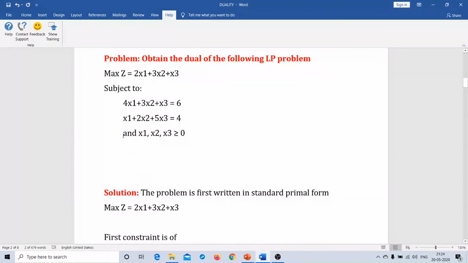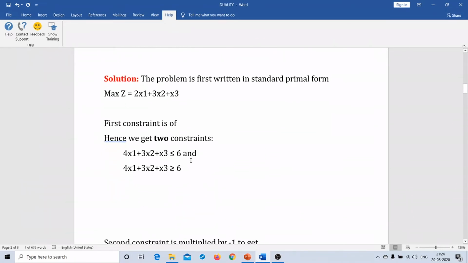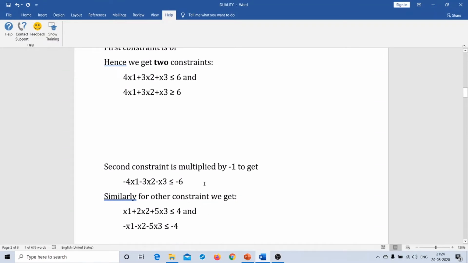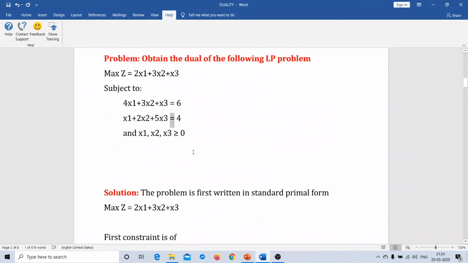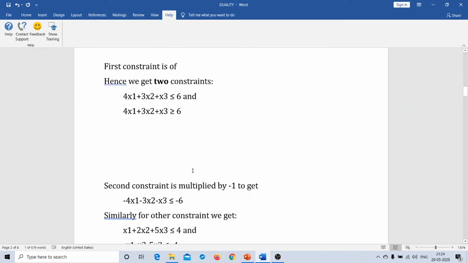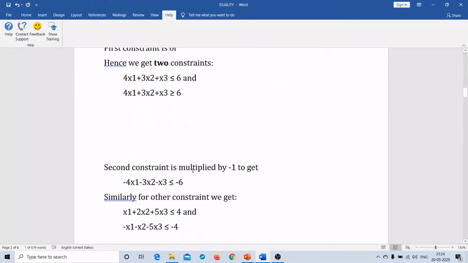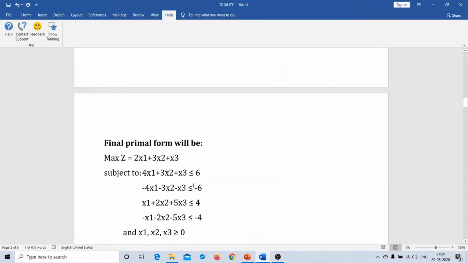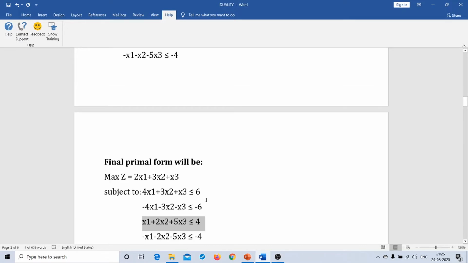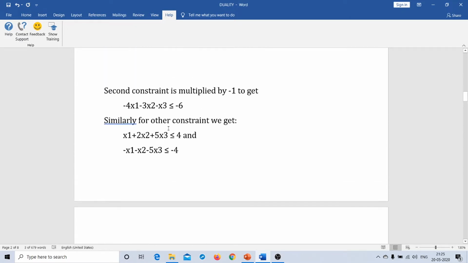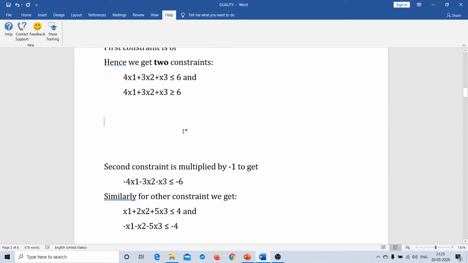Similarly, the second constraint of the original problem, which has an equal to sign, also gets divided into two constraints, one with less than or equal to, and the other with greater than or equal to. So this is my second constraint, less than or equal to 4 and greater than or equal to 4.